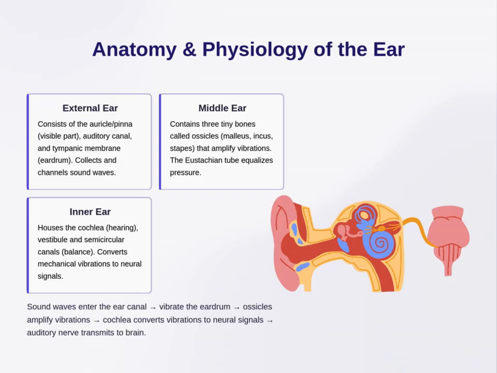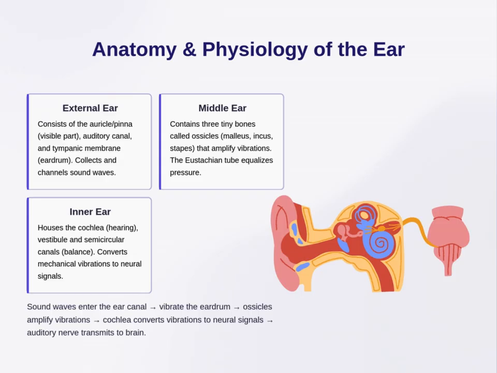Anatomy and physiology of the ear. You have the external ear, which consists of the auricle or pinna, which is the part that you can touch on the outside of the cartilage. You have the auditory canal that goes into the ear, and then the tympanic membrane, or the eardrum. The middle ear has the 3 smallest bones of your body, called the ossicles.